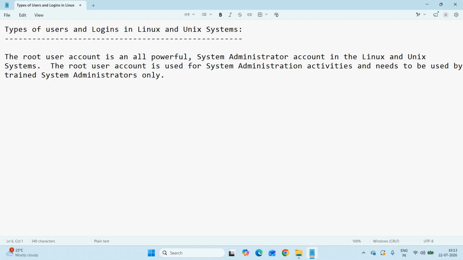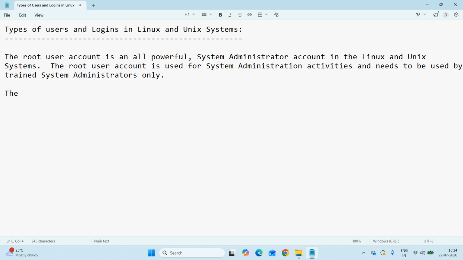Now, what about the users who need to just access and work with an application in the Linux or Unix system, or users who need to access a database and work with that database in the Linux or Unix system? For those kinds of users, regular user accounts can be created and provided.